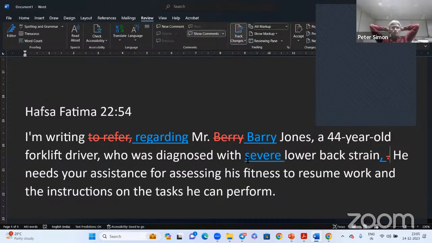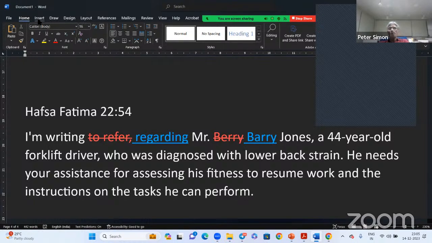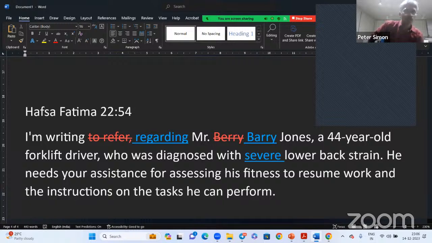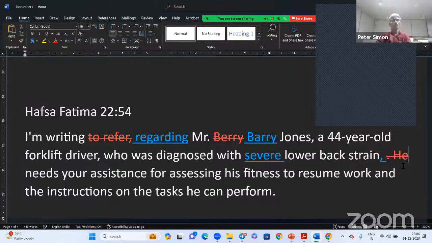Mr. Barry Jones, a 44-year-old forklift driver, was diagnosed with severe lower back strain, comma, needs, requires your assistance for assessing his fitness to resume work and the instructions on the tasks he can perform. Very good. Excellent sentence.